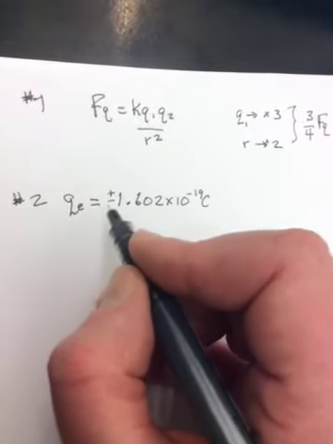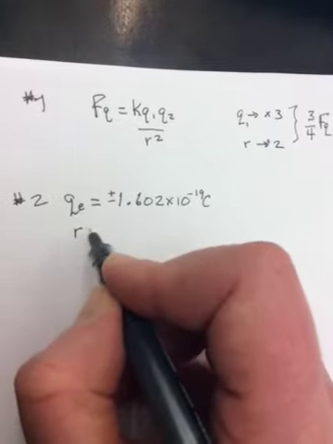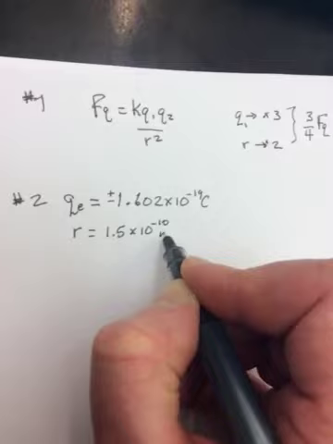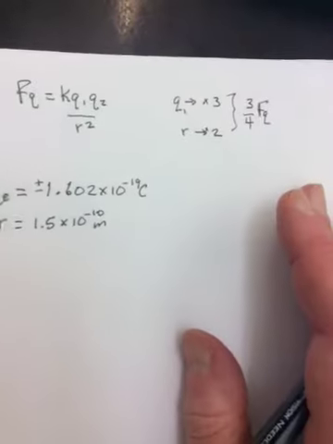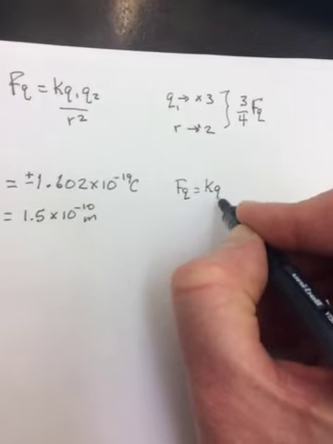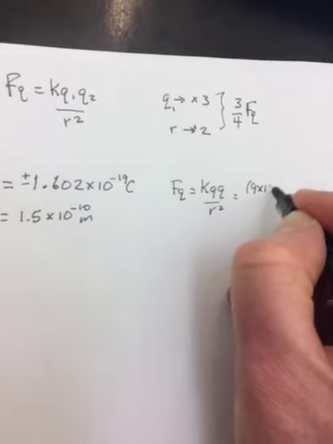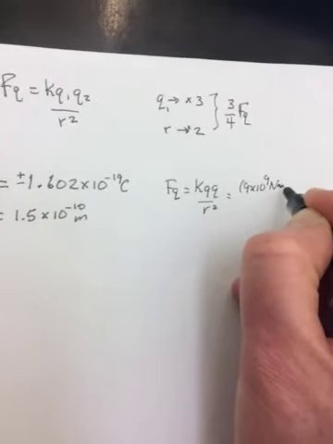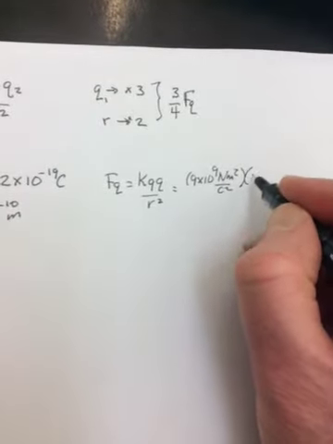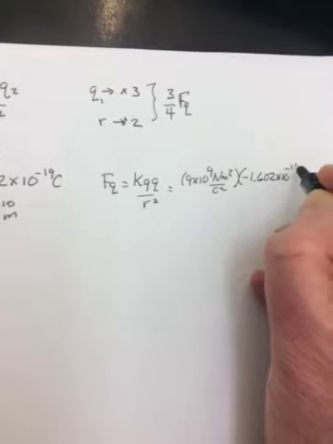So in this question, it says two electrons, so they'll both be negative, are separated by a distance, R, of 1.5 times 10 to the negative 10 meters, which is the typical size of an atom. What is the force between them? So k Q Q over R squared. Remember, k was 9 times 10 to the 9th, and yes, it's okay to use that here. I'll let you know when we have to go more specific. Negative 1.602 times 10 to the negative 19.